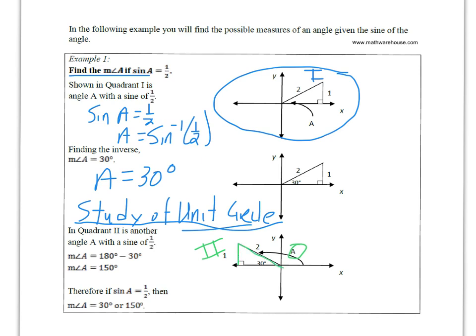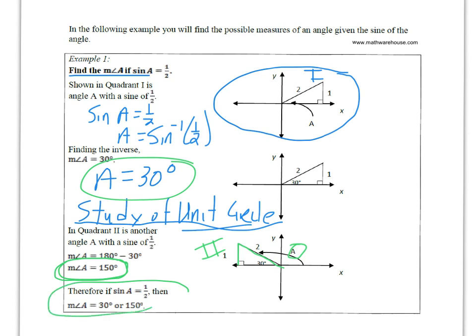So the sine of A really has two solutions. It has the 30 degrees in quadrant 1 and then 150 degrees in quadrant 2 by taking 180 minus 30.